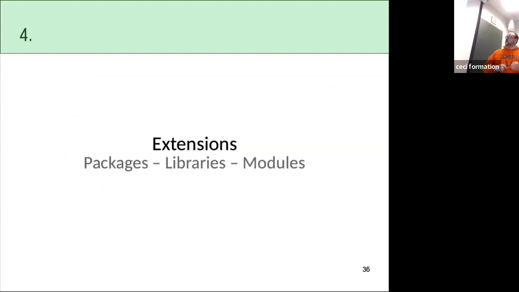Talking about extensions, the nice thing about all those four languages is that they have an infrastructure dedicated to sharing code written in those languages. And these extra functionalities brought by extra code are called either packages or libraries or modules, depending on the language. But the ideas are all the same.